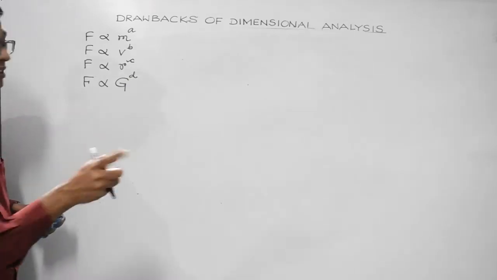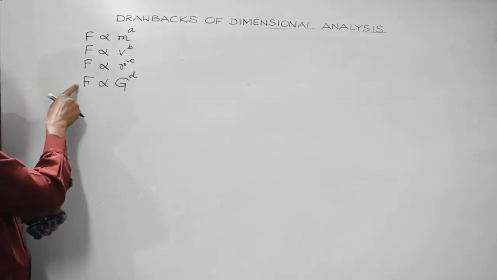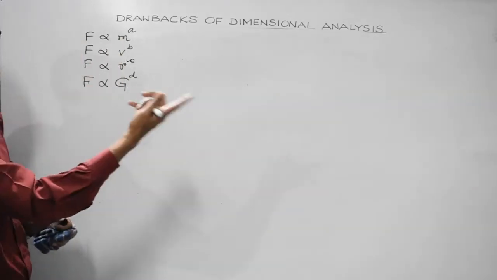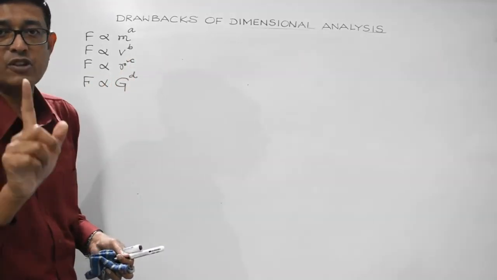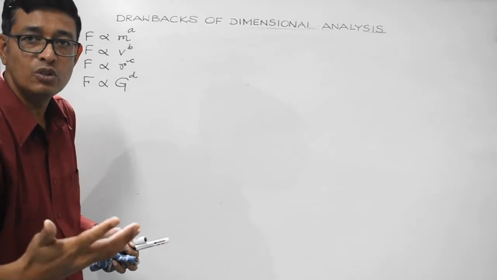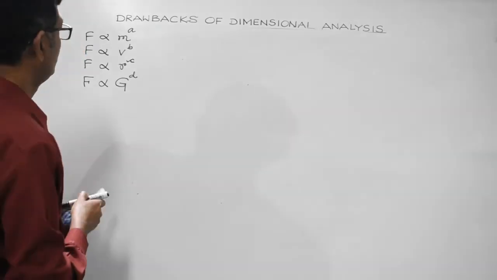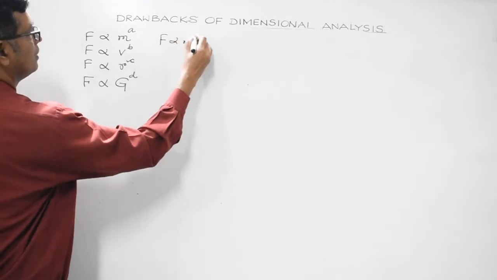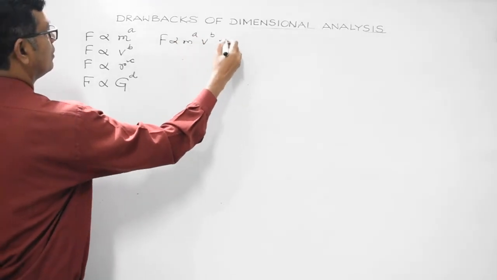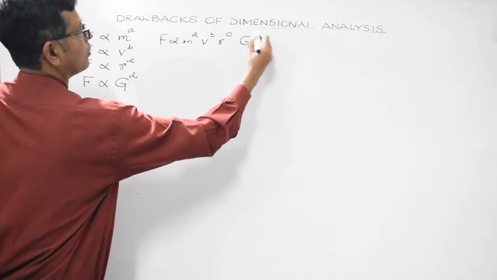So in this case, this physical quantity force is dependent on more than 3 other physical quantities, right? Such relations can't be derived using dimensional analysis. That is what I am going to prove, right? So what's the first step? We can write it like this, right?